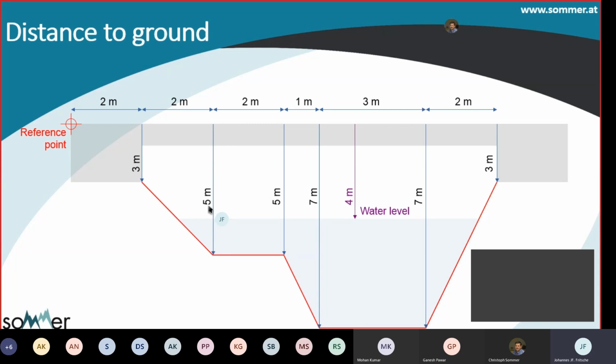So we do all the recordings as positive numbers from top downwards. This across the whole profile, and also finally for the water level. We measure the water level from the bridge road surface to the water surface. In this case, we have a distance to the water level of 4 meters.